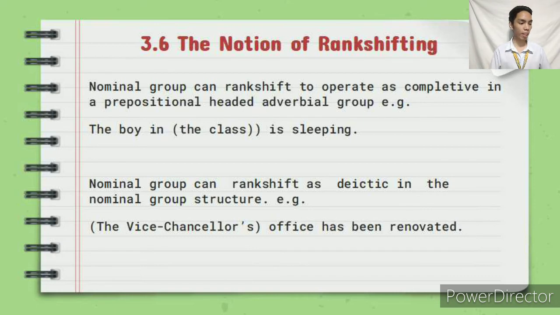That is, for example, the Vice Chancellor's office has been renovated. So deictic here is the Vice Chancellor's. The nominal group here becomes or rank shifts as deictic because it directly refers to the Vice Chancellor.